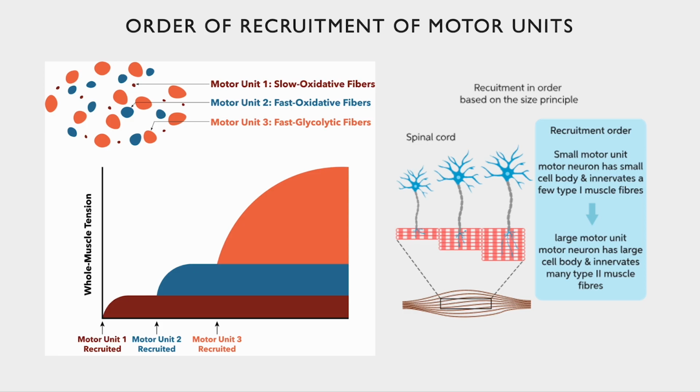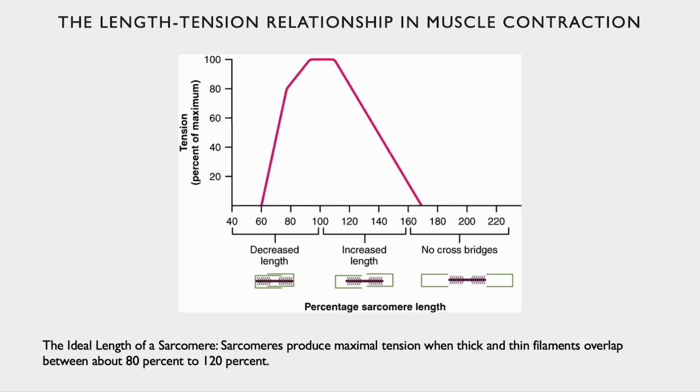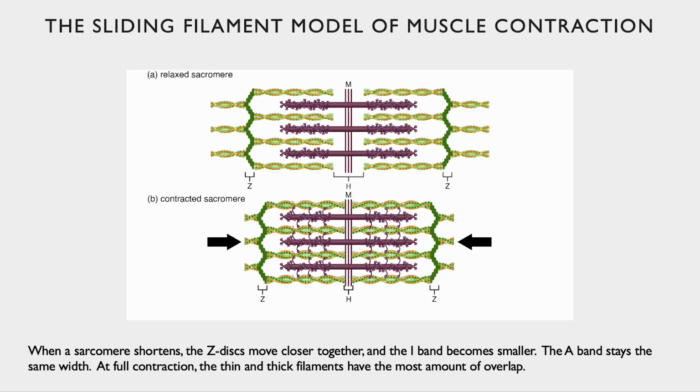So the next topic that we are going to be talking about is the relationship between length and tension. This has a great relationship with the sliding filament theory. To understand this, you can go back to the slide where we have the sliding filament.